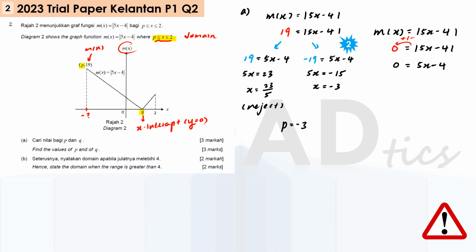So this is a special case. For 0, there will only be one answer. By rearranging this equation, we get x equals 4 over 5. Please don't leave your answer as this, because we are finding the value of Q. So we need to write Q equals 4 over 5.